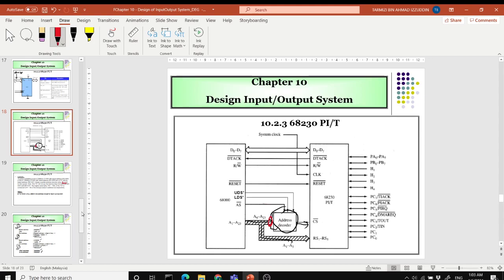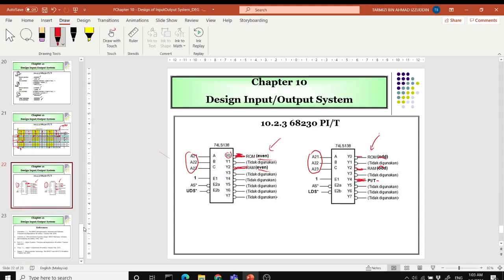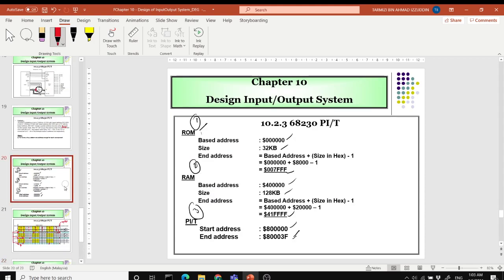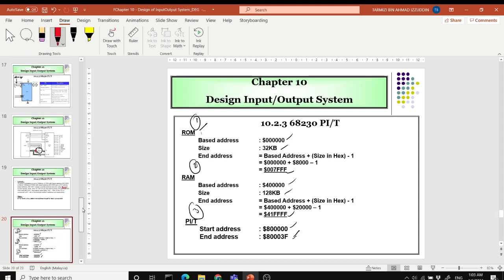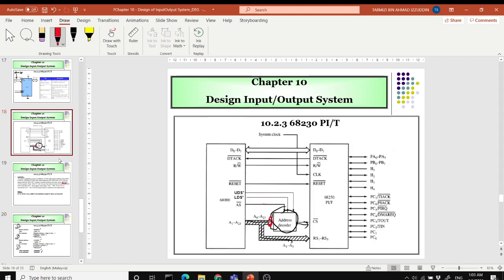So I guess that's all for the first part of this lesson, on interfacing your parallel interface timer with the 68K. Next, what we're going to look at is the microprocessor execution time.